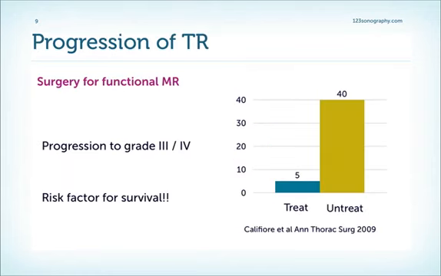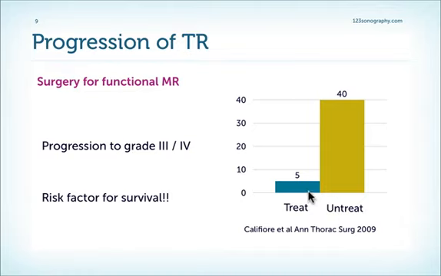It is well established that patients who have, for example, mitral valve prolapse or a functional form of mitral regurgitation often also have tricuspid regurgitation. This shows you what happens if we only operate on the mitral valve and don't operate on the tricuspid valve. Very frequently we will see a progression to grade 3 or grade 4 in patients who initially only had mild or moderate TR.